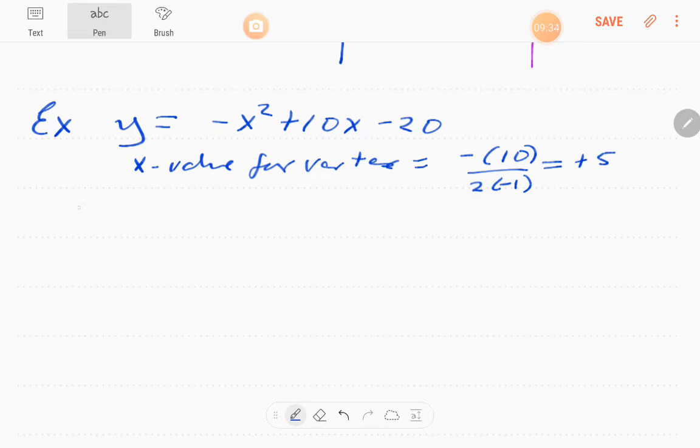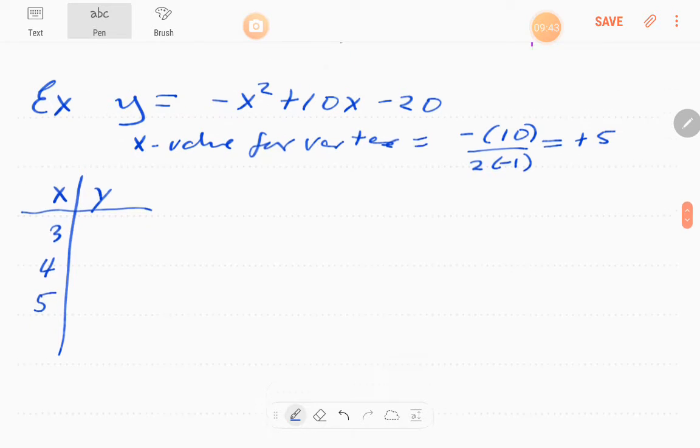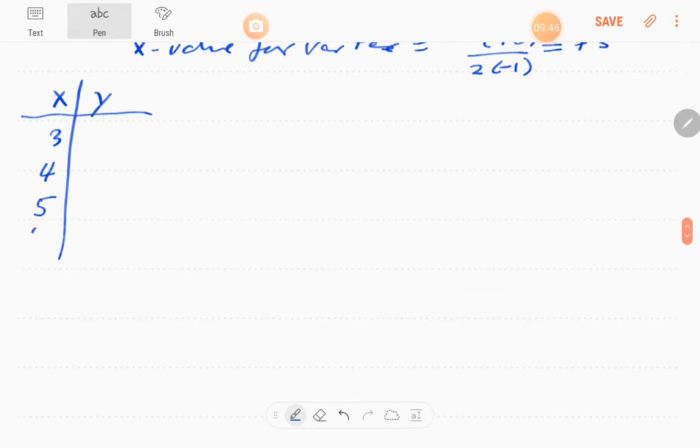So this is our vertex. We want some x and y values, putting 5 in the middle. So we have 3, 4, 5, 6, and 7.